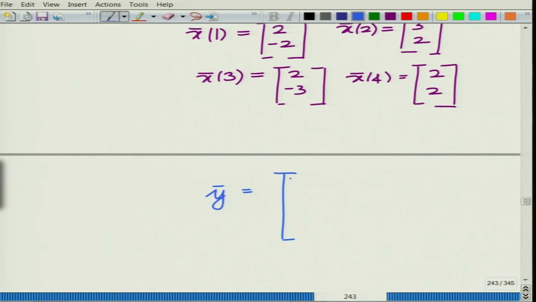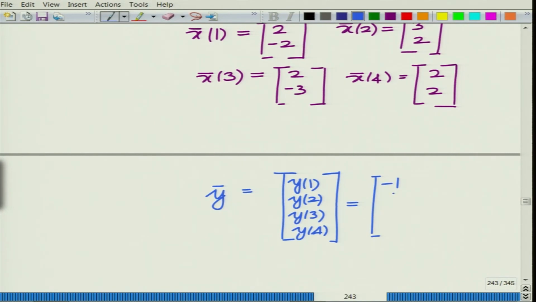which is equal to y1, y2, y3, y4, let us say equal to minus 1, 2, minus 3, 2. Okay.